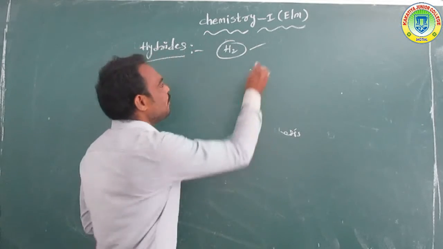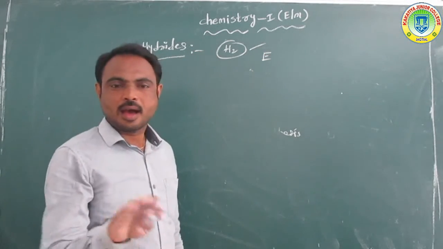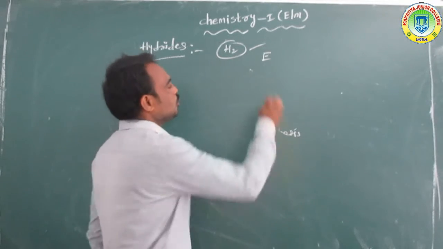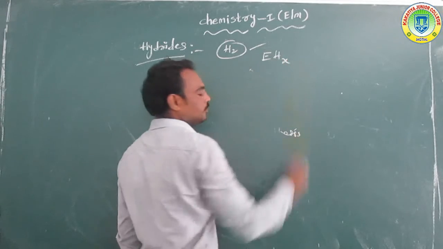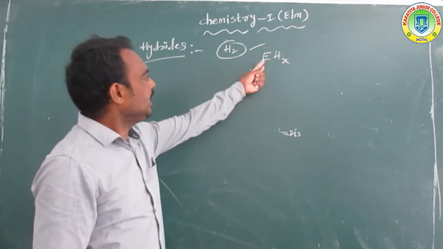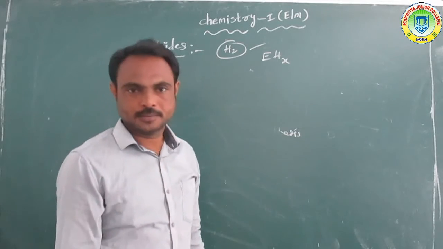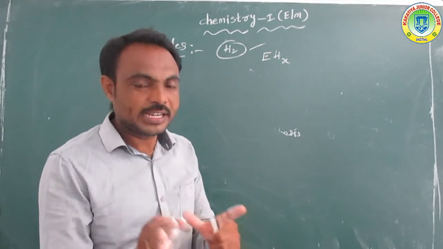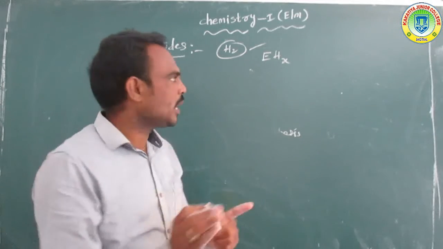Suppose E represents all the different types of elements, so the formula is EHx.